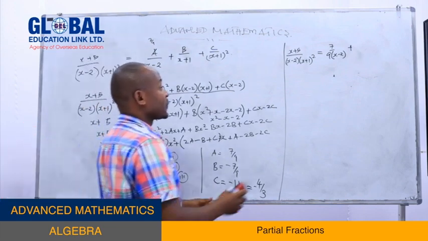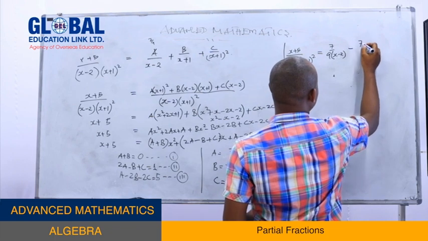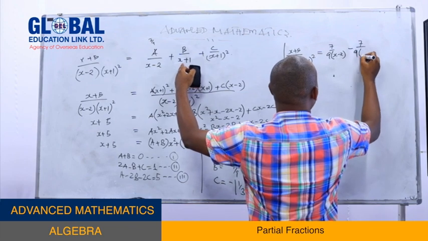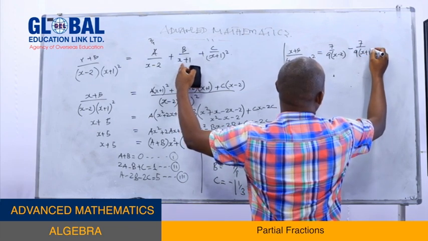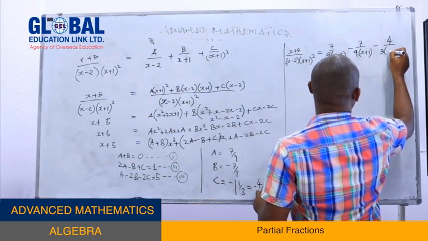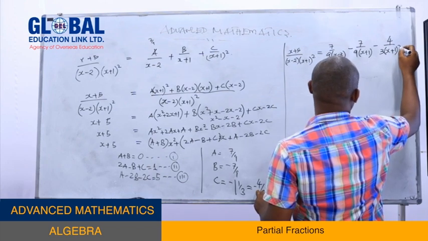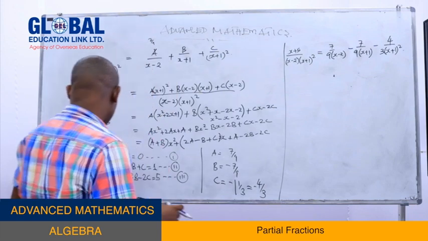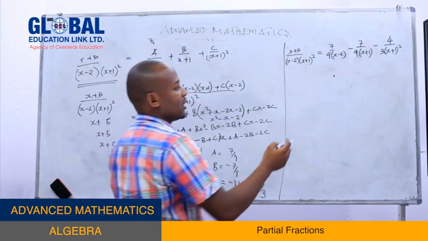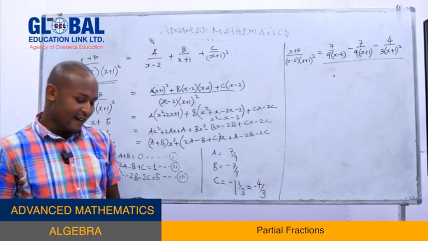It's negative there. So again it's negative 7 over 9 times x plus 1. Again it's negative, then we have 4 over 3 times x plus 1 squared. So this function has been resolved, has been decomposed to form that function.